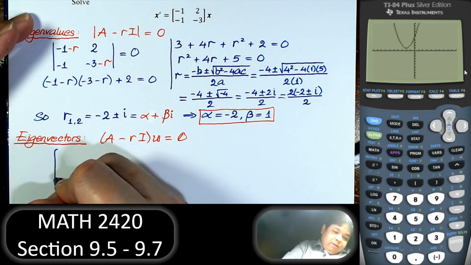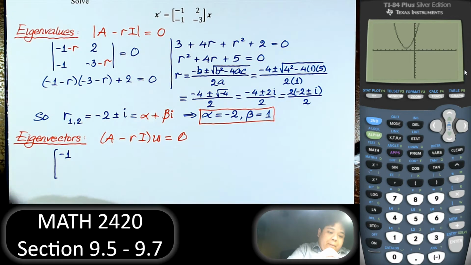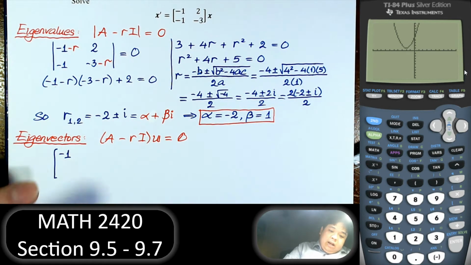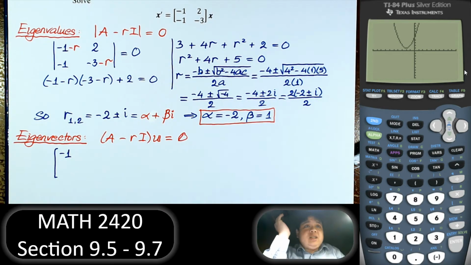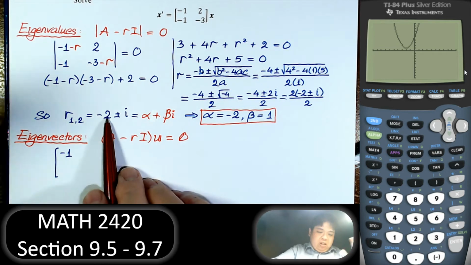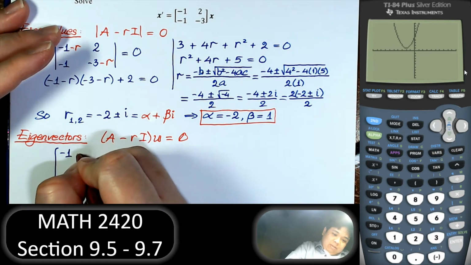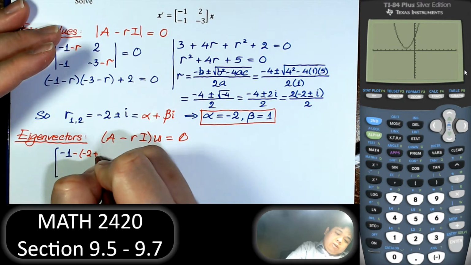So we have the matrix, and then subtract the eigenvalues. The thing is, you can just pick any one of them. Just use the positive then, -2 plus i. We can use the minus or the plus, it doesn't matter. But subtract -2, use the plus i.